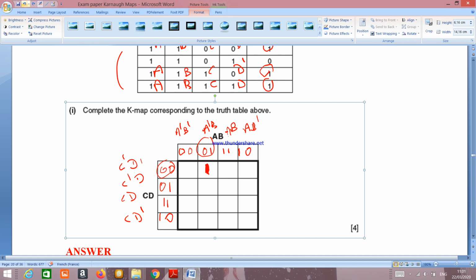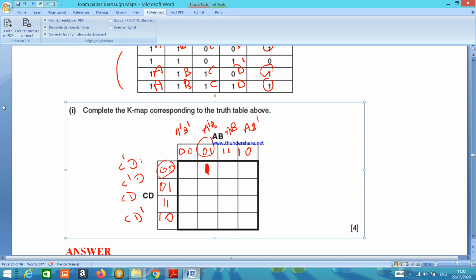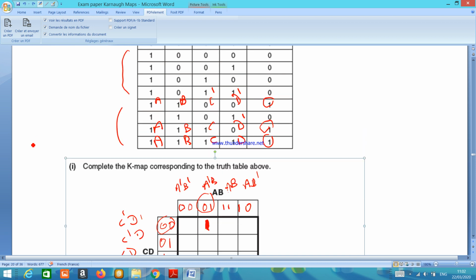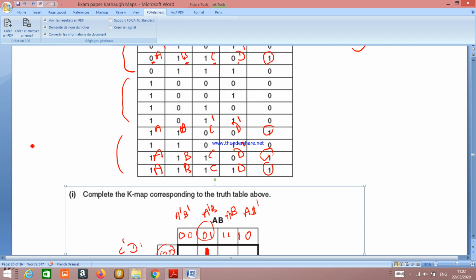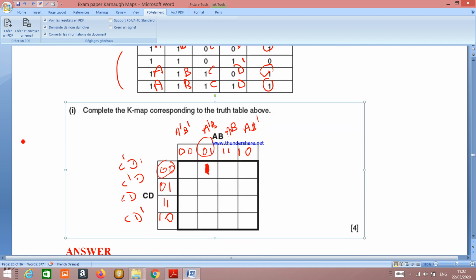Okay. So the next term is, let's look at the term again. Now you have to fill it properly.